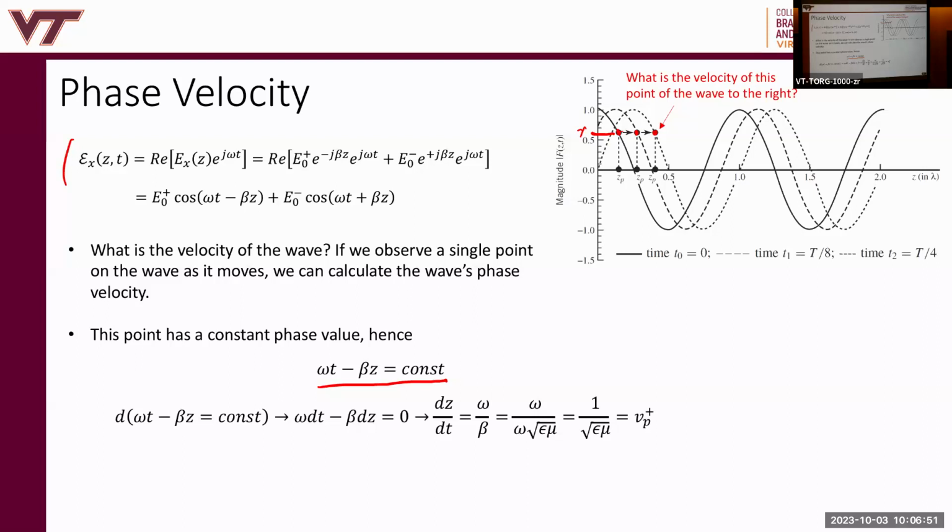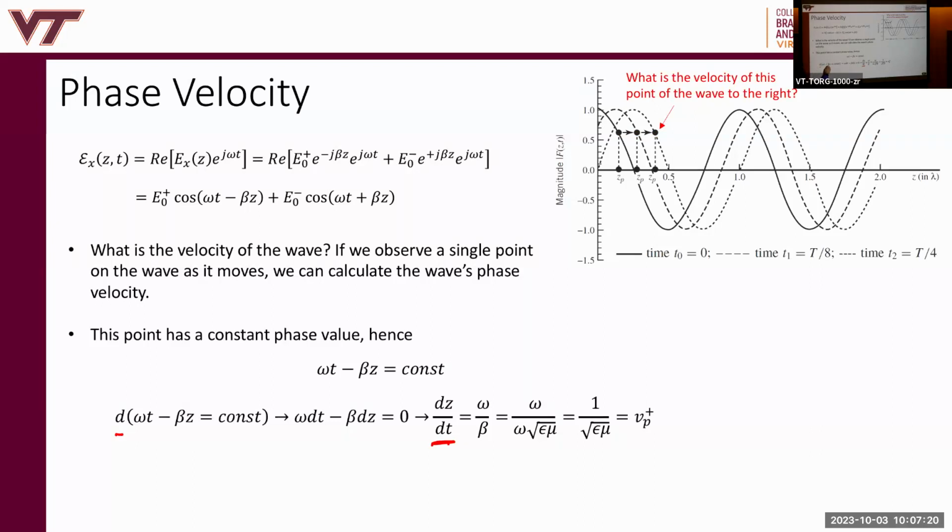We want to form an expression for dz by dt. So we take d, a differential operator, and differentiate this whole expression like an implicit derivative, without saying with respect to what variable. Omega is a constant, beta is a constant, and t and z are variables.